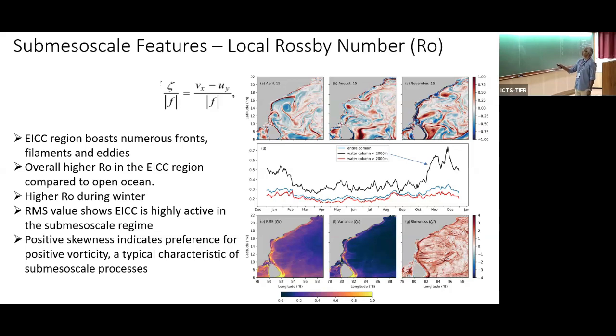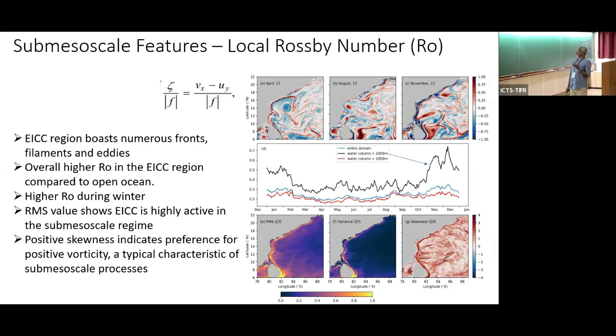During spring, we see some amount of submesoscale activity, and similar patterns can also be seen during the summer, but during November, it is very well organized all along the coast of India.